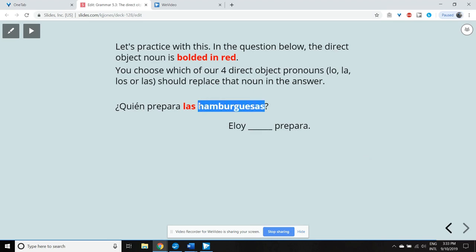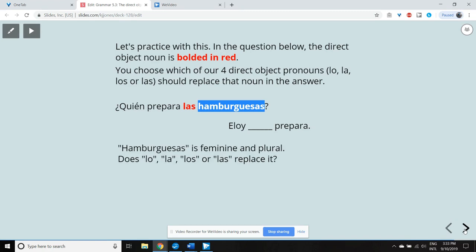All we need to do this is not translate anything to English. Just focus on your direct object noun and ask yourself, is that masculine or feminine? And is it singular or plural? Because those are the only questions you need to answer in order to come up with the right direct object pronoun. So, hamburguesas is feminine and plural.